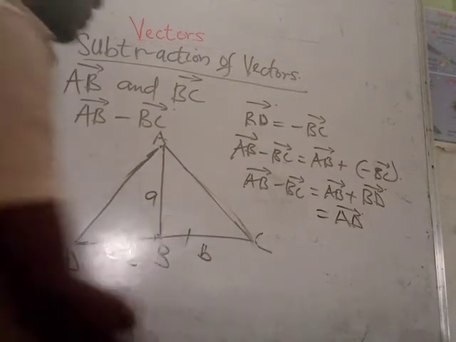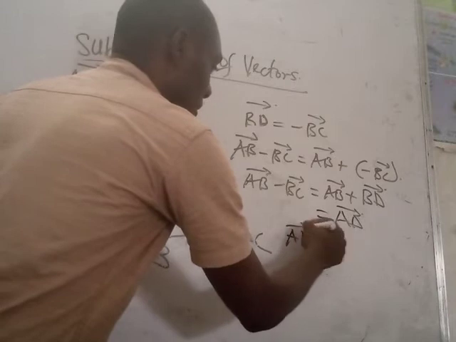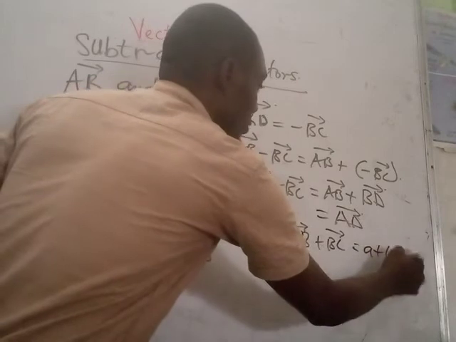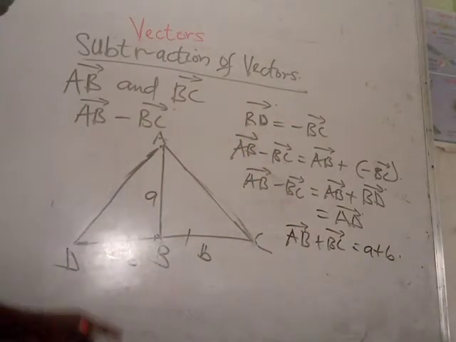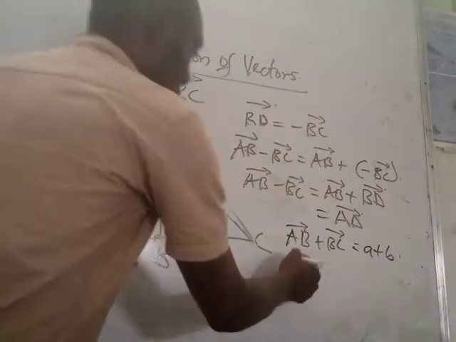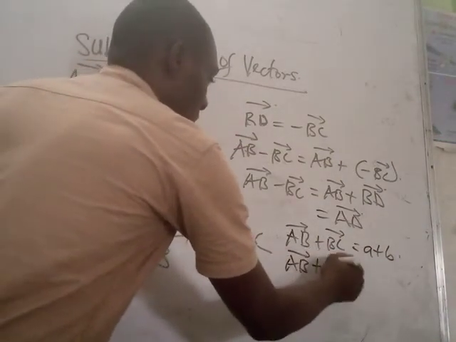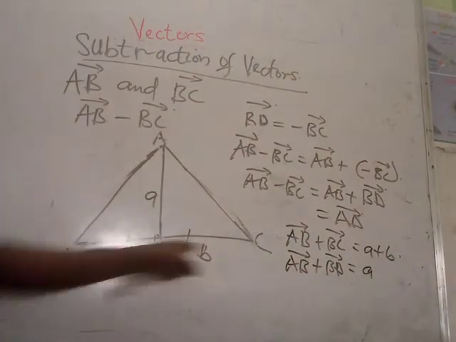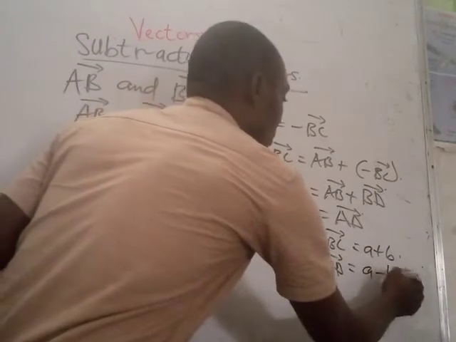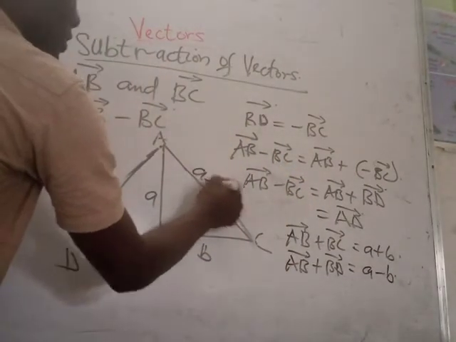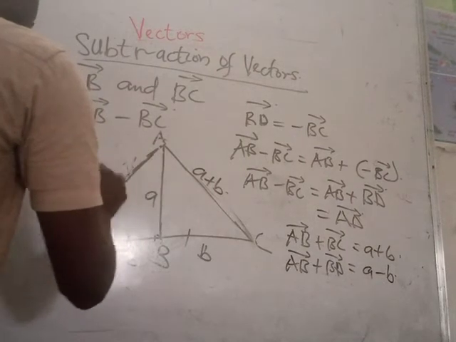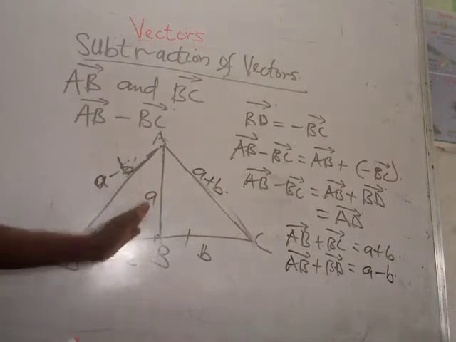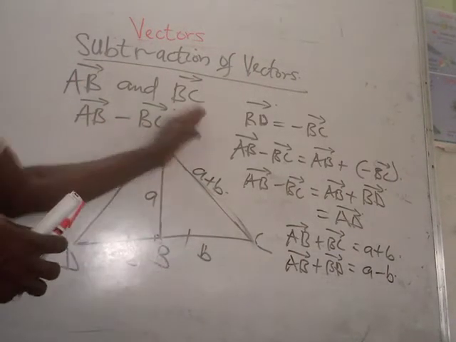Now what does this entail? AB plus BC is equal to vector A plus B, and AB plus BD is equal to vector A, now B is negative of this, so we are going this way, minus B. So you can see that this is A plus B, and this is A minus B. So this example explains the sum and difference of two vectors.